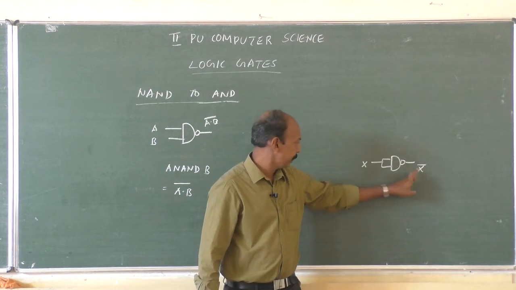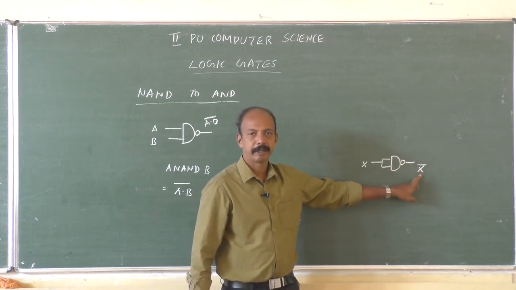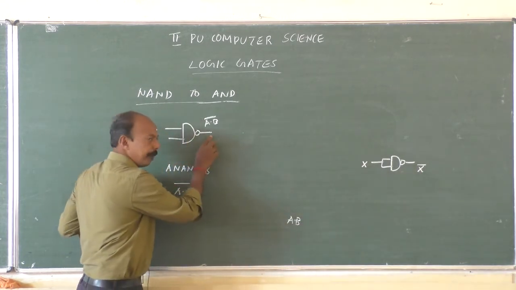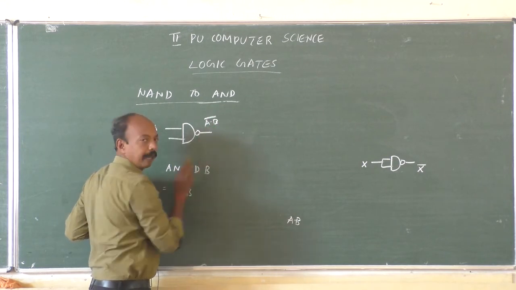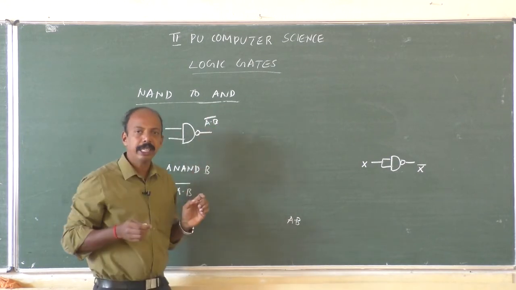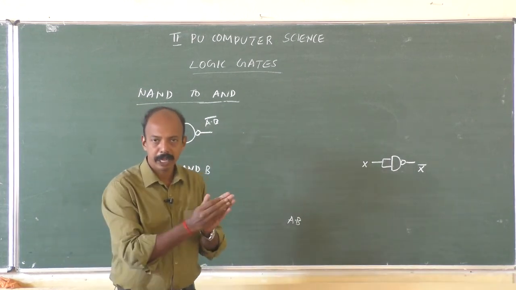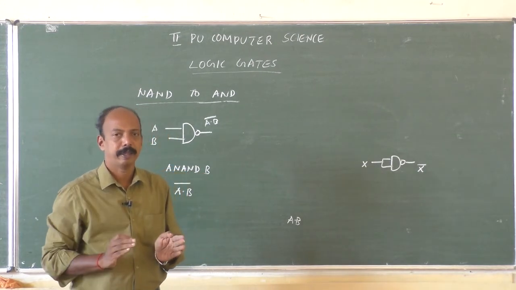Suppose we have inputted x bar, what will we get here? We will get x. What we have here is A dot B whole bar. What we have to get is A dot B.